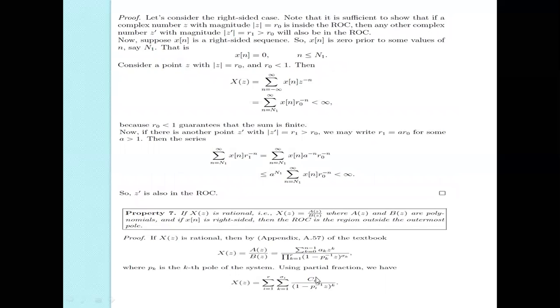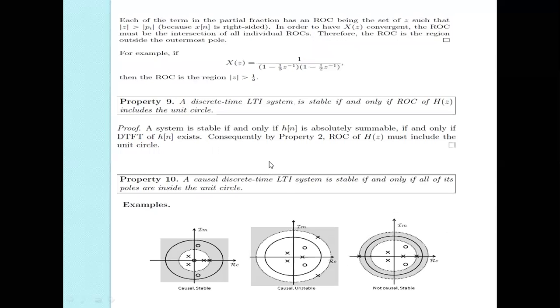See the p_i here, for the poles, that is always greater than p_i, not c_i. Each term in the partial fraction has an ROC being a set of z such that z is greater than p_i because x[n] is right-sided.